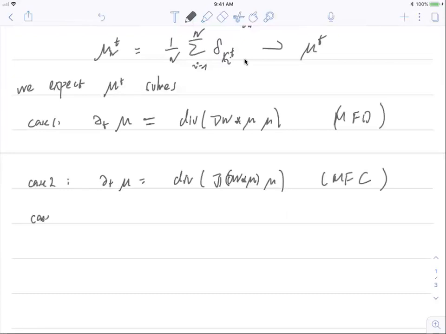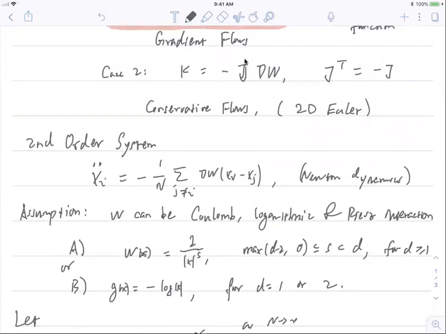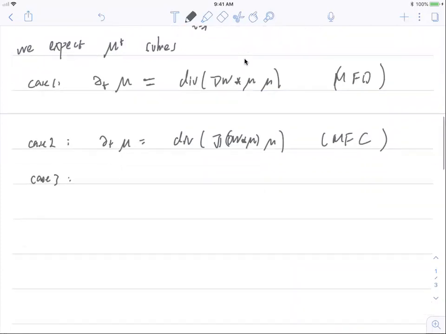And case 3 is the following: this system is the second order system, the Newton dynamics. This is still open, but Sarvati and Durings can show for some specific case, that is the monokinetic case, they can get the mean field limit.